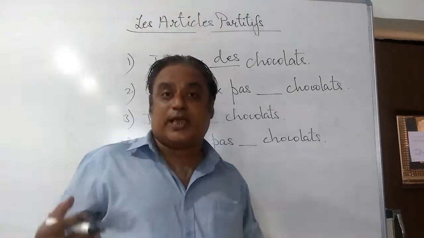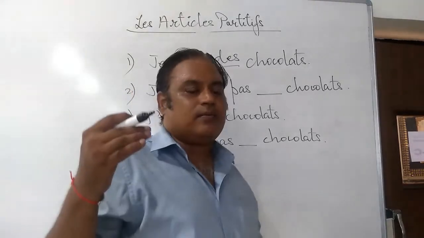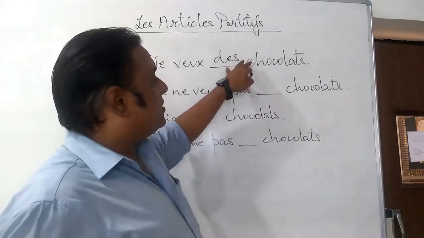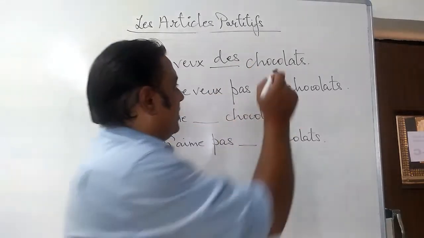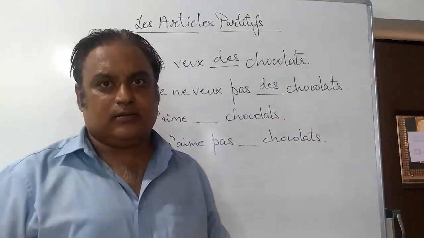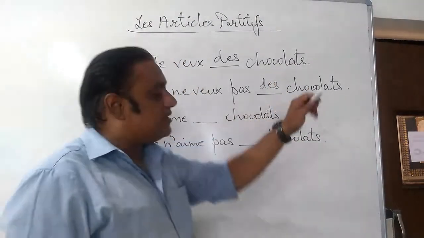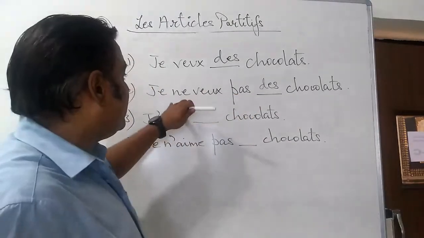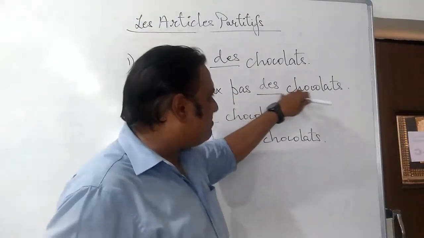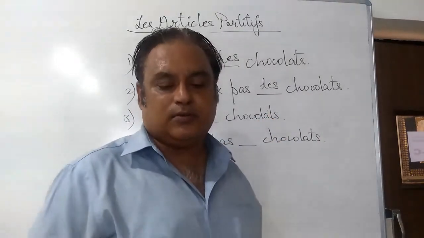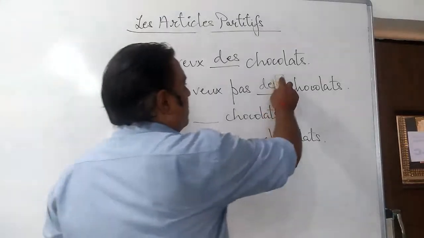So how to say it in negative? If we use the same partitive article over here, the sentence means, I don't want some chocolates, which I told you earlier is a wrong composition. So what do we do?